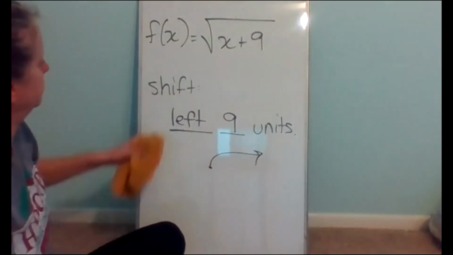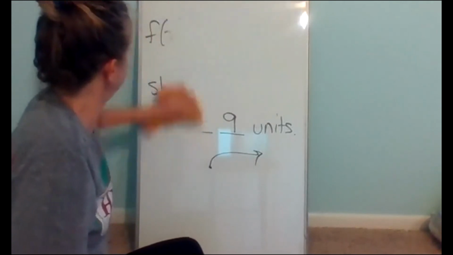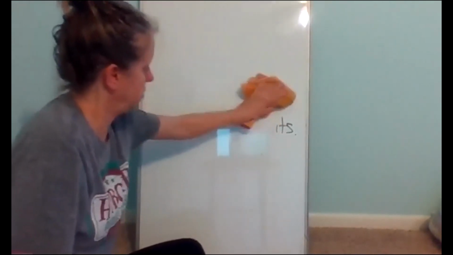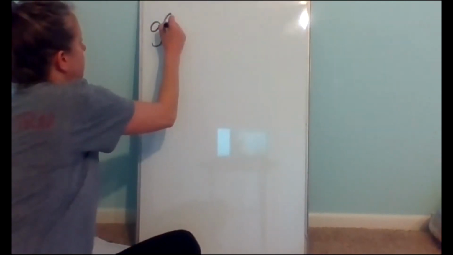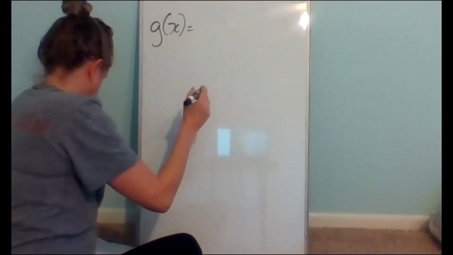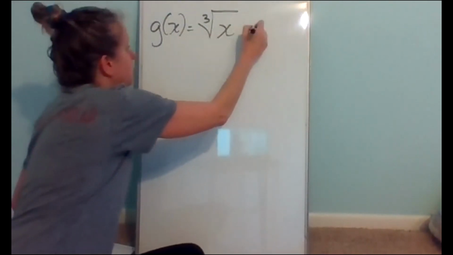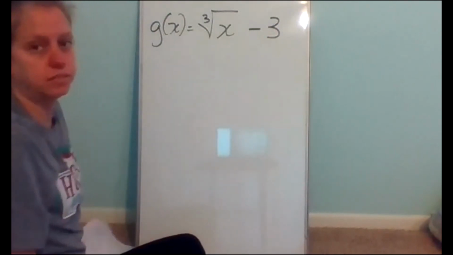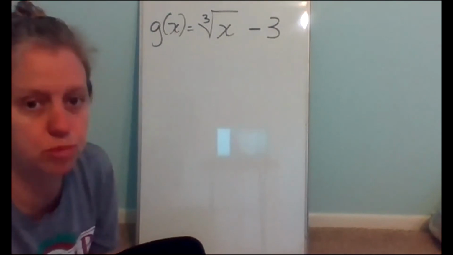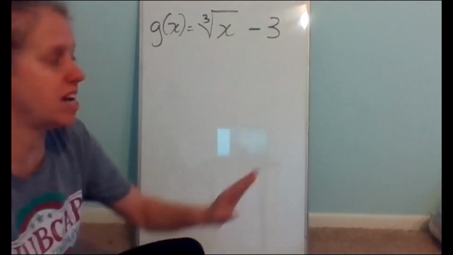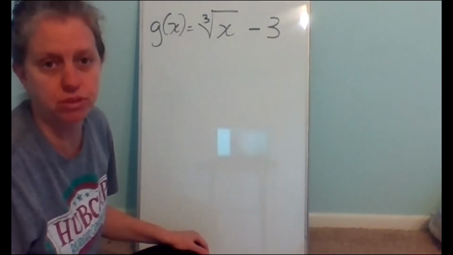All right, number 7. g of x equals the cube root of x, and then that minus 3 is outside of that cube root symbol.